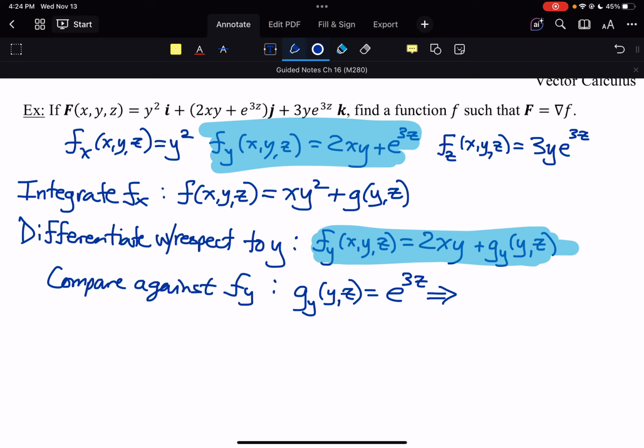So if we take the antiderivative, the original g must be y e to the 3z, right? Because z is a constant, so we just pick up a y here. Plus, not just a constant this time, because there could still be a function of z. So we add h of z into that.